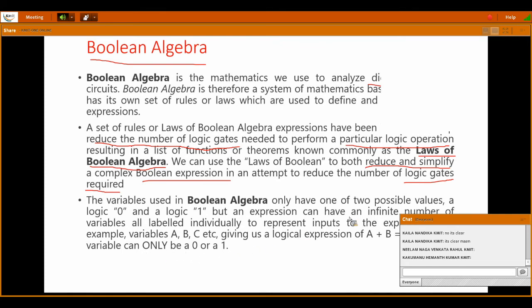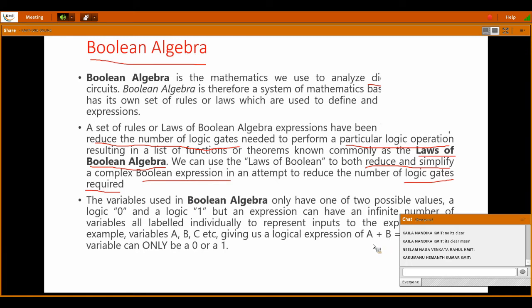See here, since it is a digital system, we can have any number of variables, A, B, C, D, E, F, G, H, like that we can have n number of variables, but the values given to the variables will be only two. It will be either 0 or 1, since a binary system is used in digital circuits. Binary means 0 or 1.